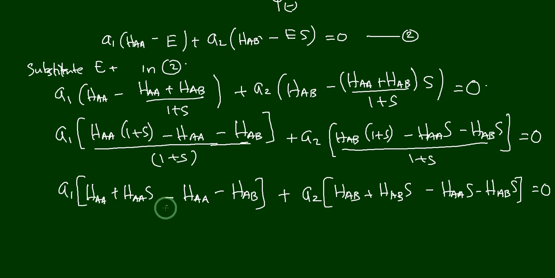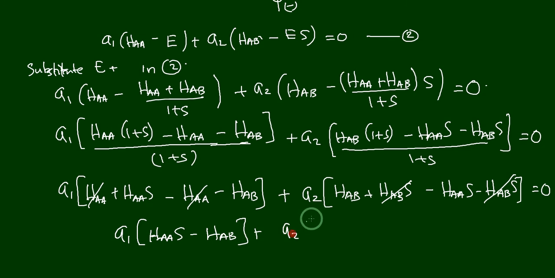So HAA minus HAA, these two will be cancelled, and here plus HABS and here minus HABS will be cancelled. So what is remaining? A1 into HAAS minus HAB, plus A2 into HAB minus HAAS, and that is equal to 0.